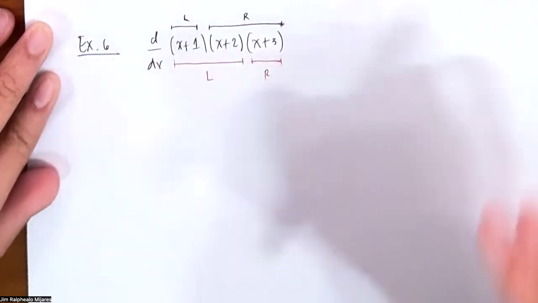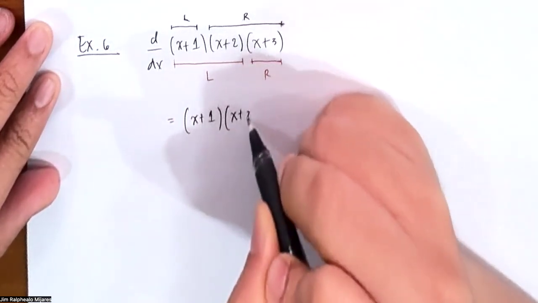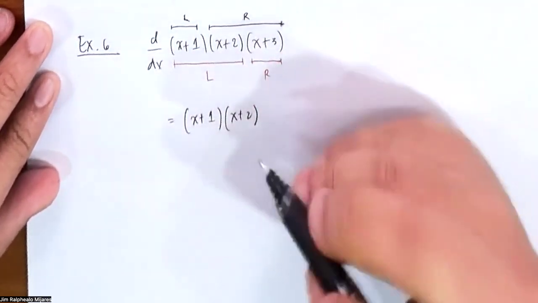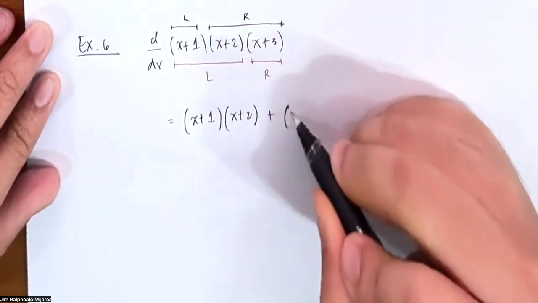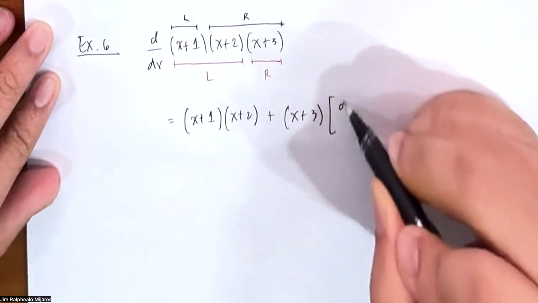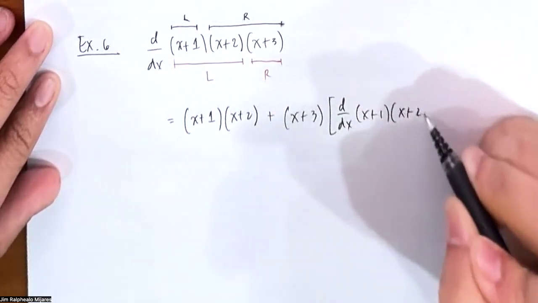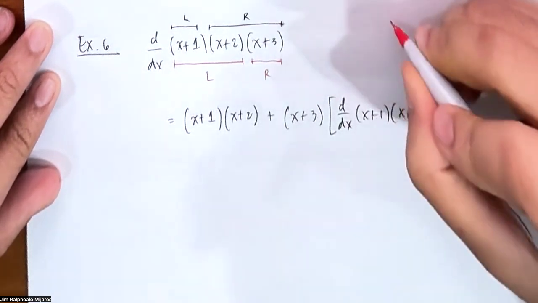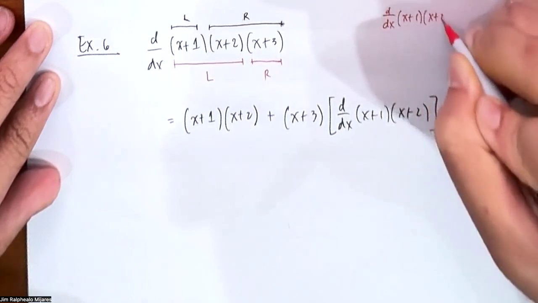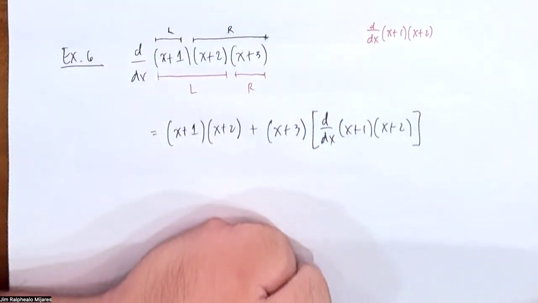So left d right. In this case, left d right. So what's the derivative of right? That's just 1. Plus right times the derivative of the left. So we're finding the derivative of the left right here, x plus 1 times x plus 2. So as a scratch, of x plus 1 times x plus 2, you kind of need to do a second product rule.